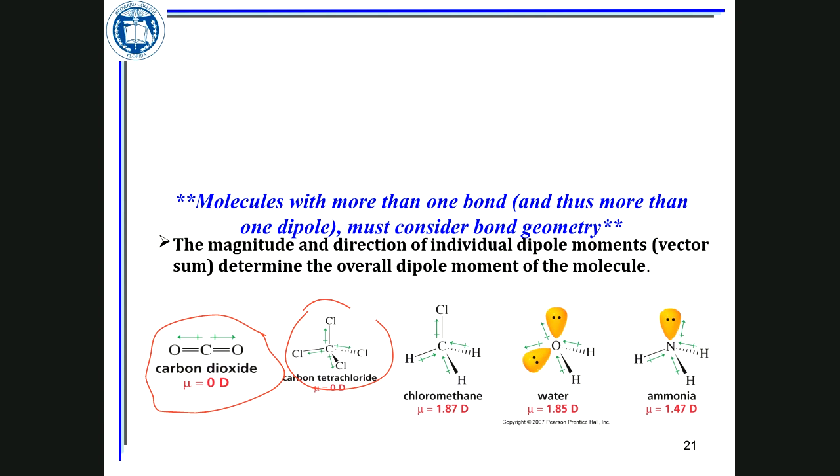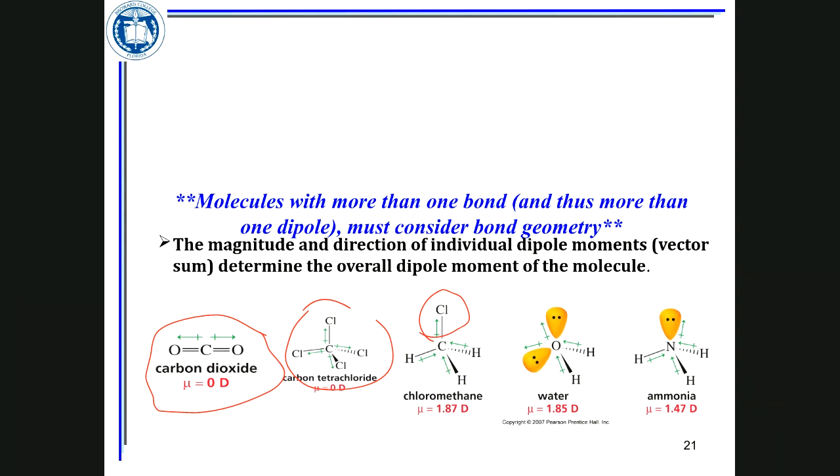Now, for chloromethane, you have a central atom of carbon attached to 3 hydrogens and 1 chlorine. So one element here is different, or one bond is different than the other 3. This is going to be an uneven distribution of electrons. For an uneven distribution of electrons, your molecule is going to be polar.